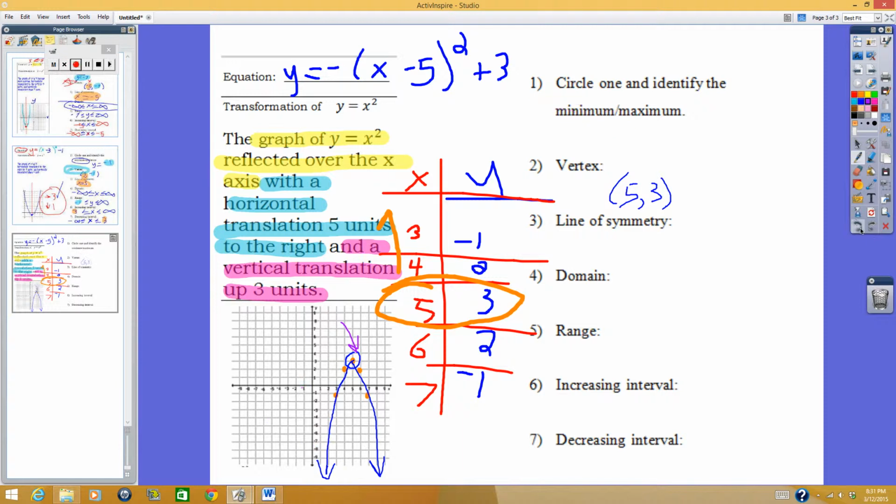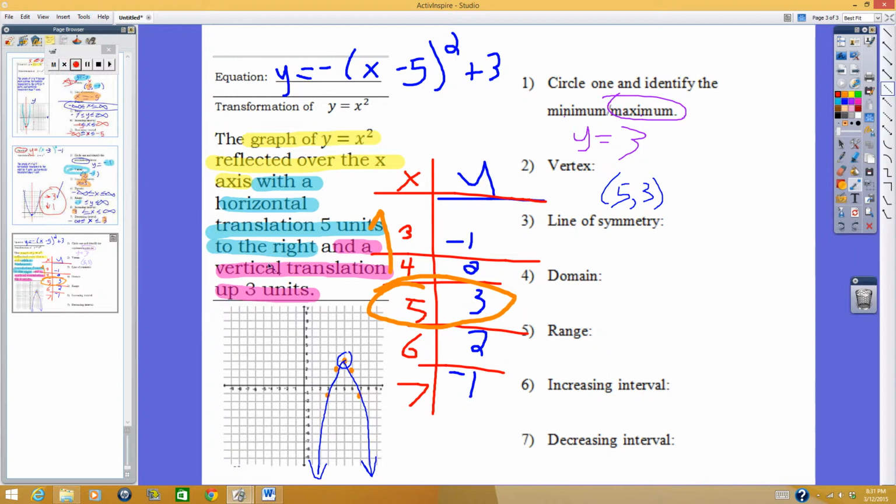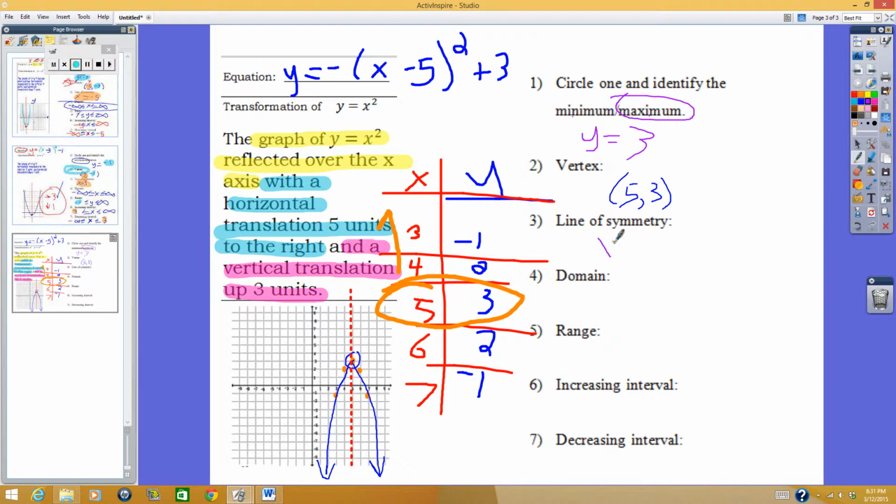You could say the minimum in your mind is infinity, but when they're asking you for the minimum or maximum, they want you to be able to state an exact number. So I can see the top, which is the maximum, and that y value is 3. Line of symmetry again, please draw a dotted line down the middle. Boom! Okay? And that x value is 5.